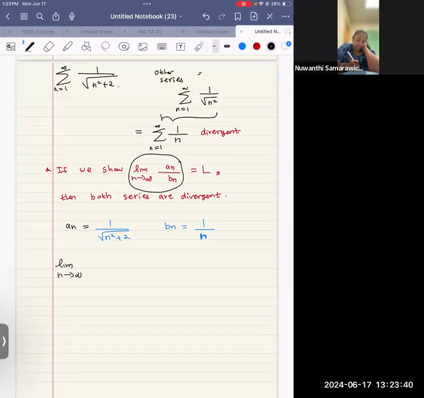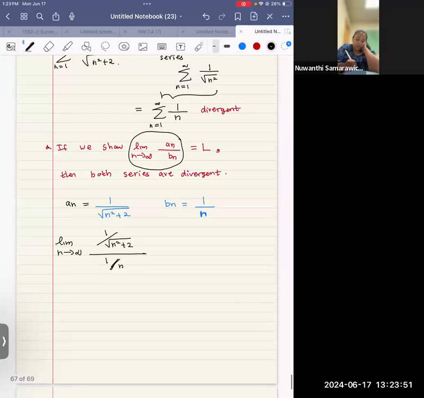When n approaches infinity, 1 over square root of n squared plus 2, and this is 1 over n. Can you all find whether you get a finite positive number or not?